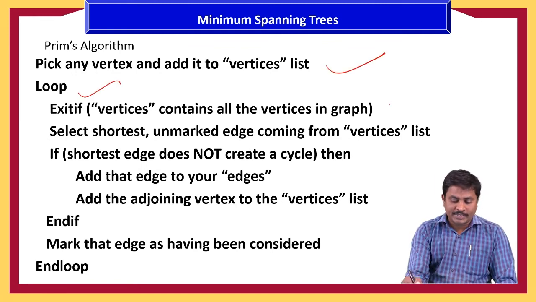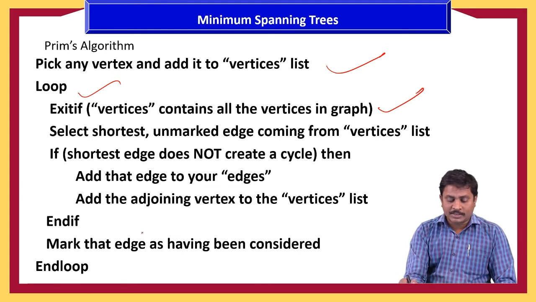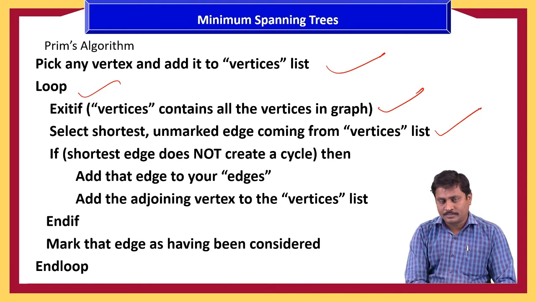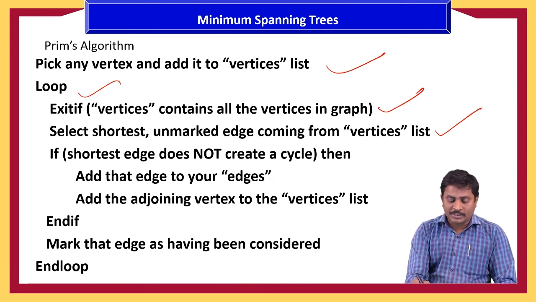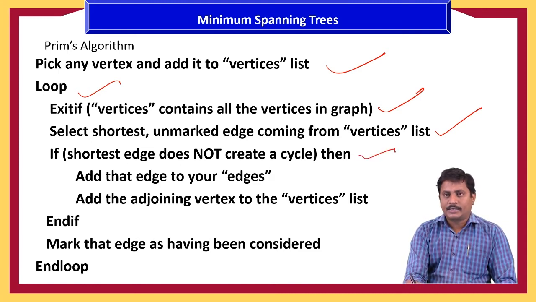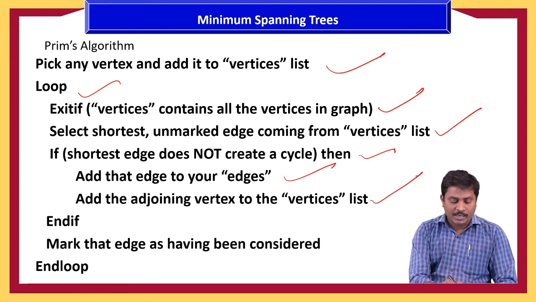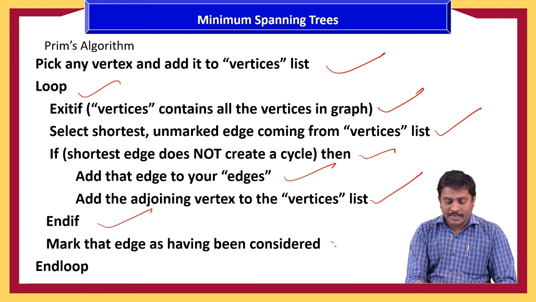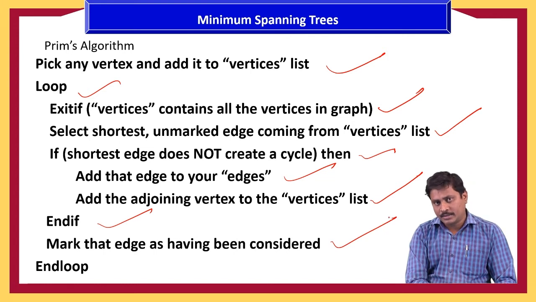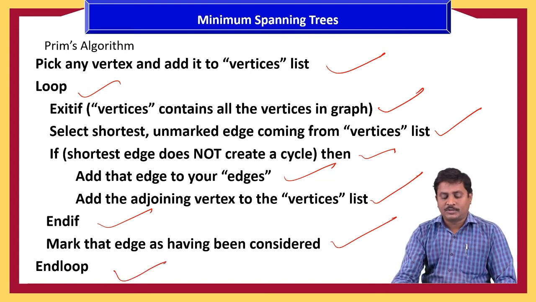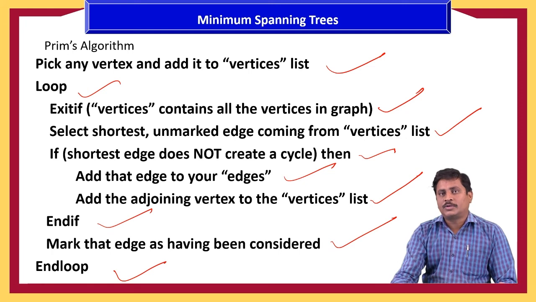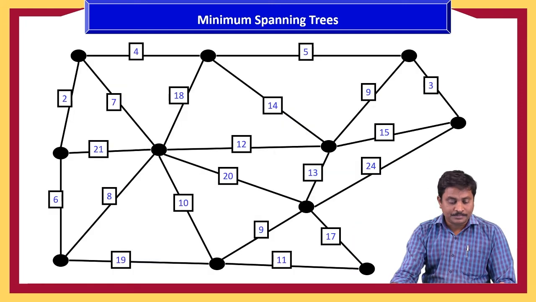Loop, exit if done. Select the shortest unmarked edge coming from the vertex list. If the shortest edge does not create a cycle, then add that edge to your edges. Add the adjoining vertex to the vertices list, mark that edge as having been considered, and end the loop. So this is the general procedure of Prim's algorithm.